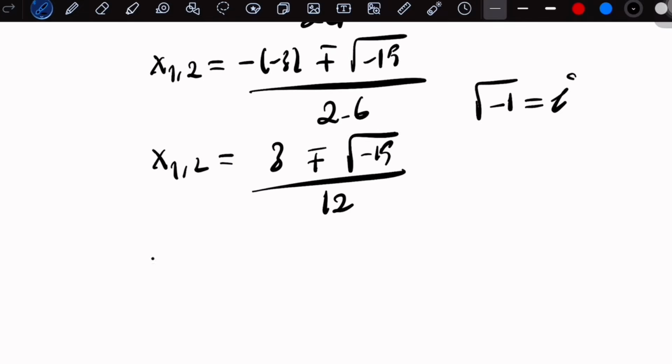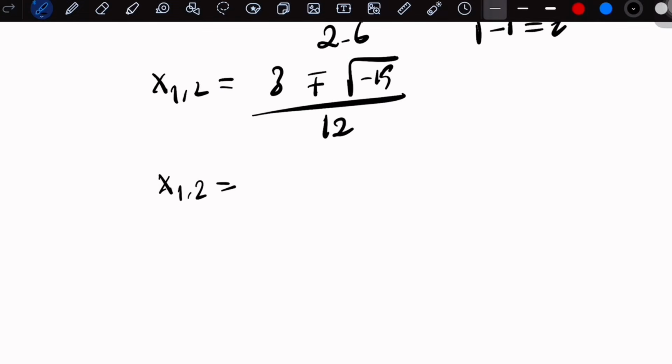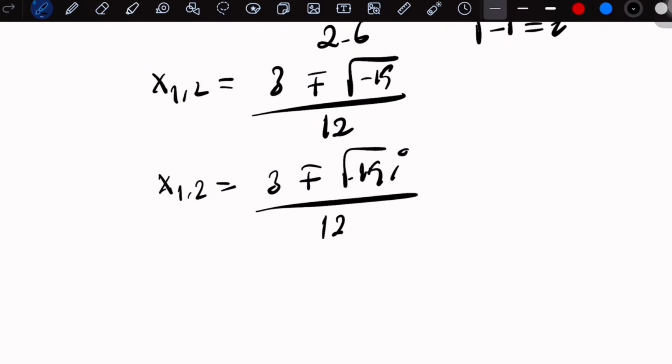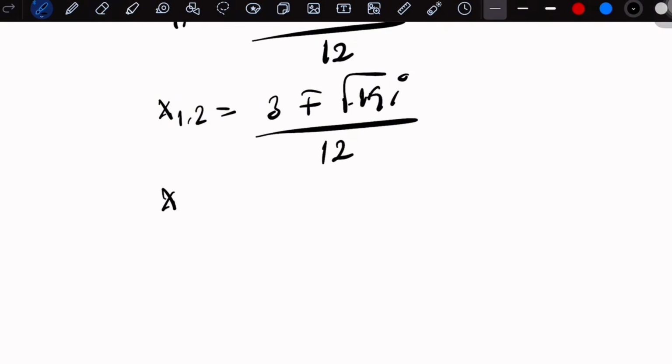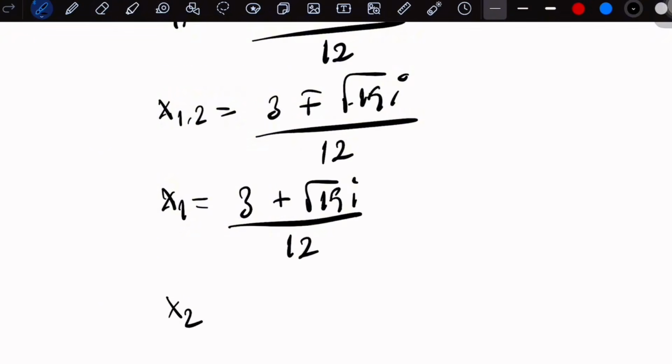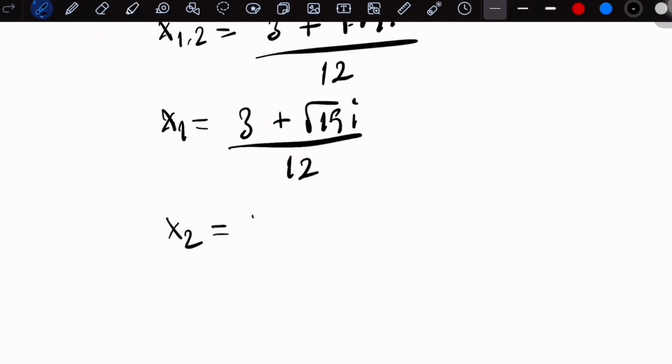Then I say right here, x1,2 is equal to 3 plus minus root 15 divided by 12. What will come of x1? 3 plus root 15 divided by 12. What will come of x2? 3 minus root 15 divided by 12.